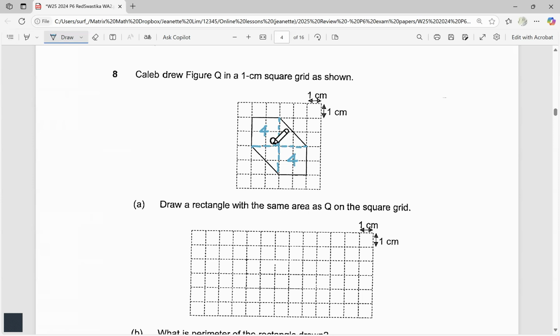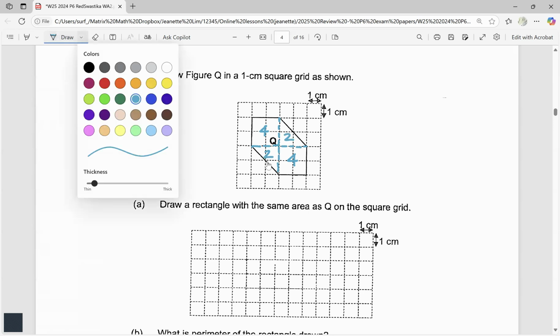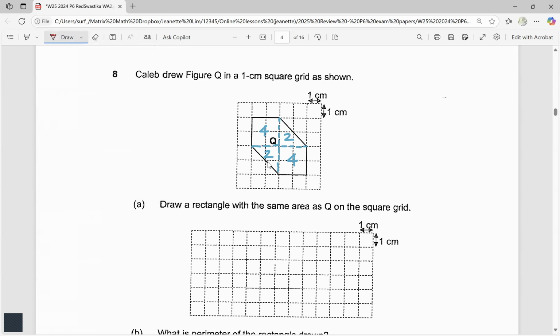Now, these two triangles: this triangle is actually half of 4 squares, so that's 2. This will make up 2. So my total area would be 4 plus 4 plus 2 plus 2, which is 12. So in the grid below, I need to draw a rectangle which has an area of 12 square cm.